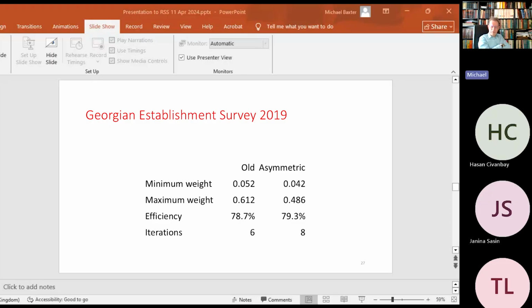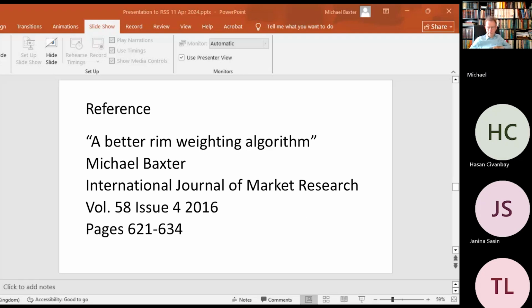But again, you can see the minimum weight goes down, the maximum weight goes down, the efficiency goes slightly up, and the number of iterations goes up. So exactly the same results as for Switzerland. And that's the paper where I explain the method in detail.